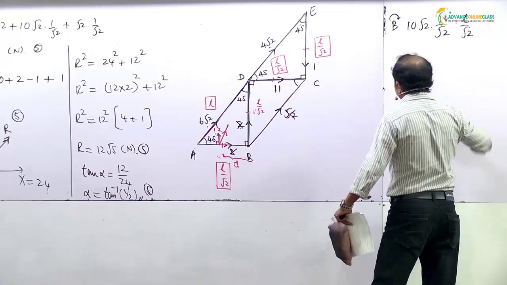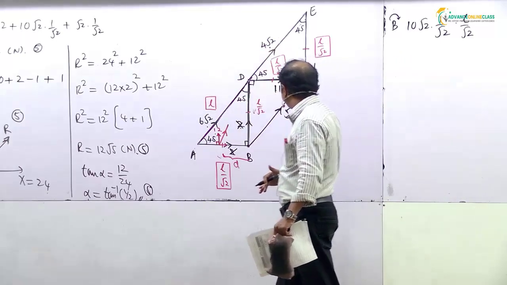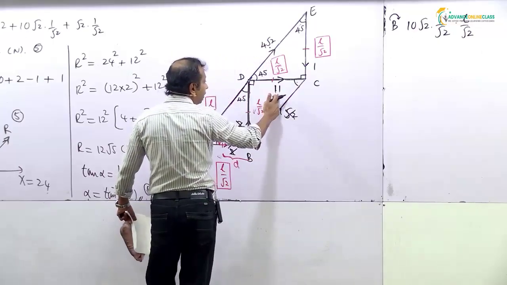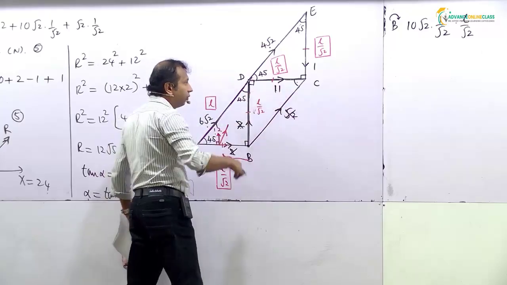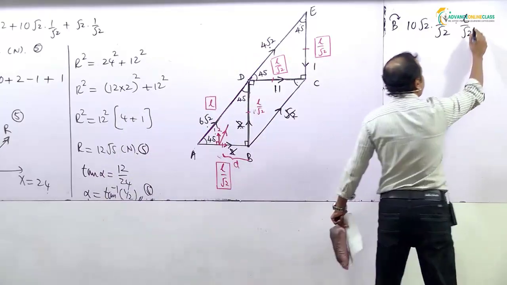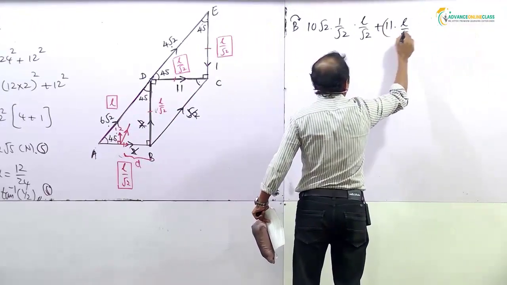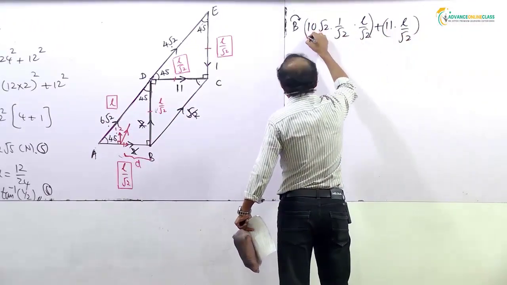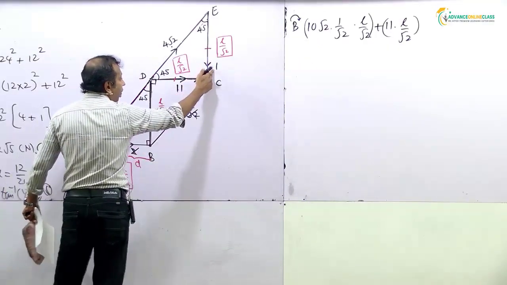Right. We took the moment of 6 root 2 and 4 root 2. This 11 gives again clockwise moment. To that moment, 11 into L over root 2. Plus that also clockwise. 11 into L over root 2. This also we took.